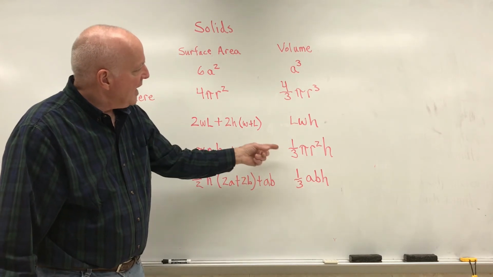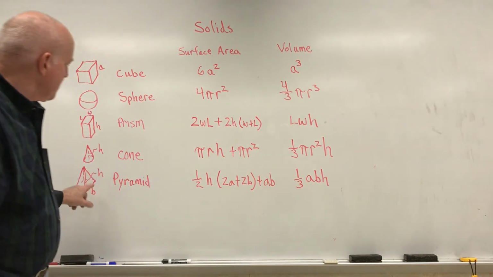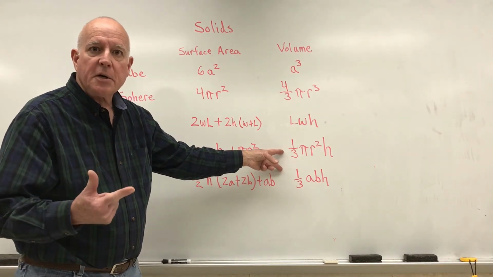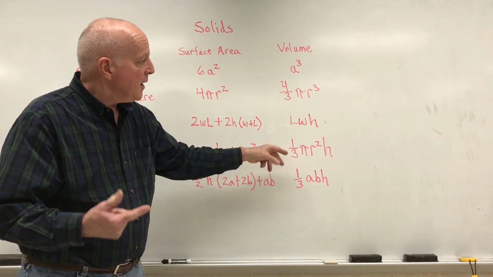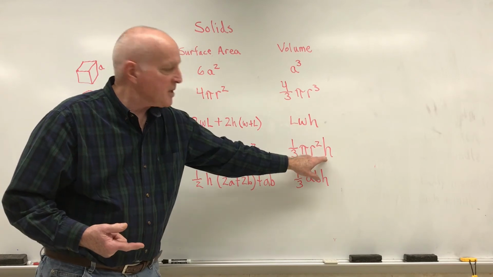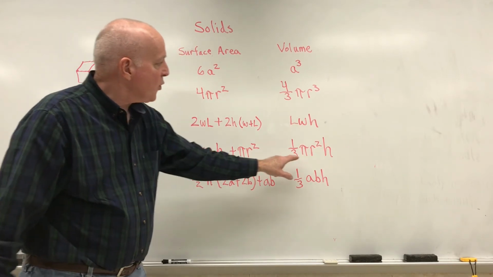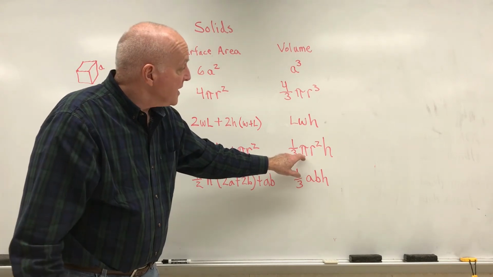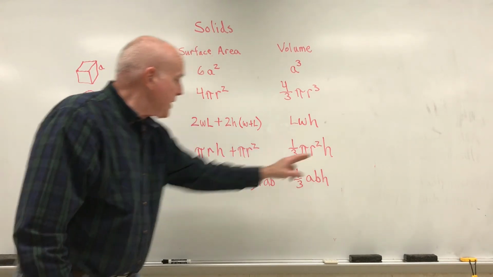Just remember that cones and pyramids are 1/3 the base times the height. So for a cone, which is a circular solid, it's 1/3 pi r squared times h.